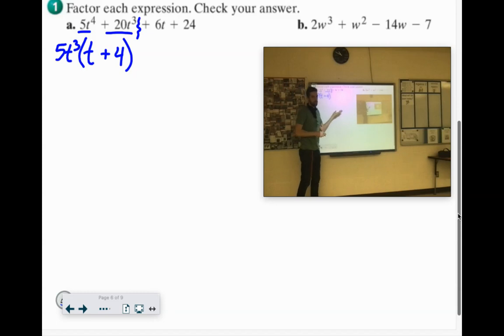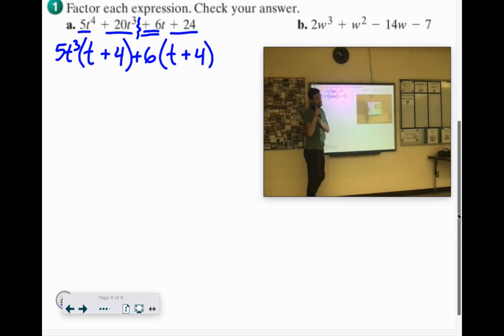Now you know that this has to be the same thing in parentheses over here. So if you want, you could write that first and then work backwards and say, well, t times what would give me positive 6t? Positive 6. But double check, is 6 times 4 positive 24? Yes, it is.